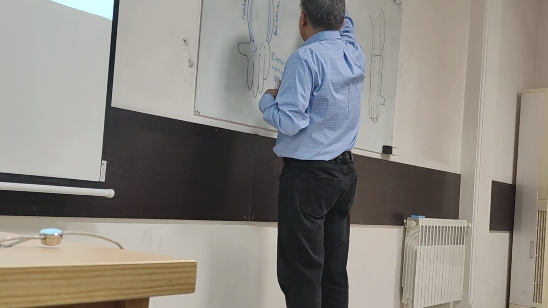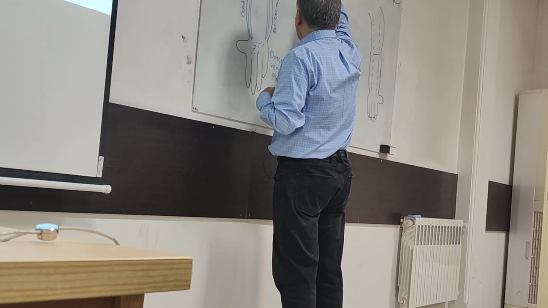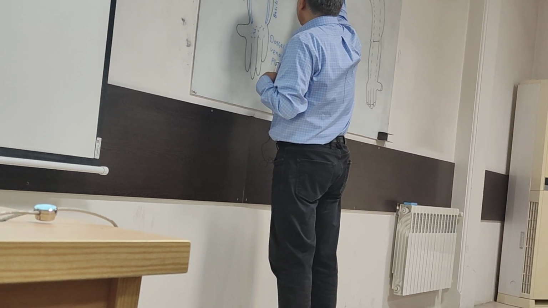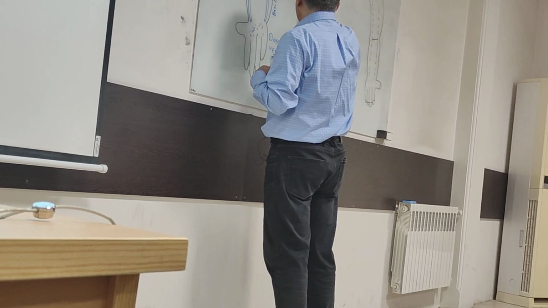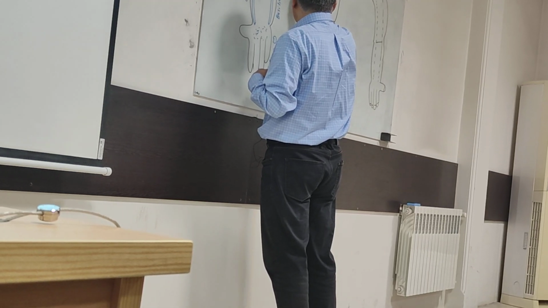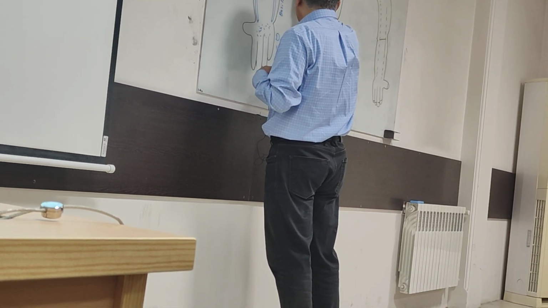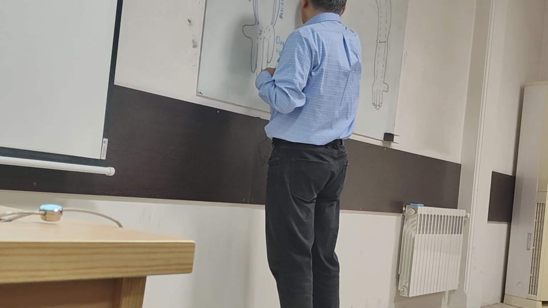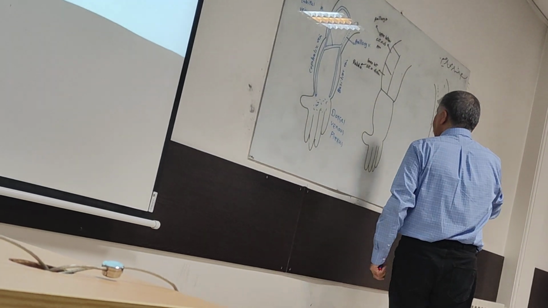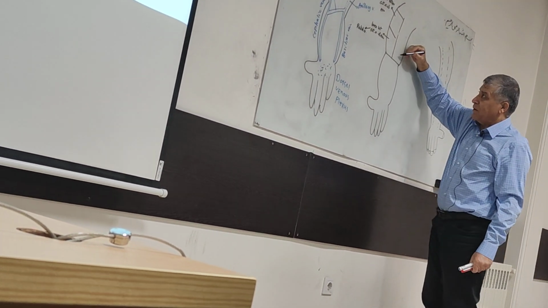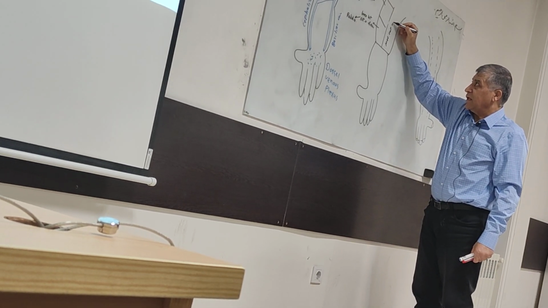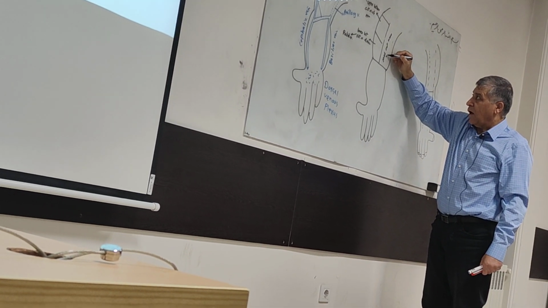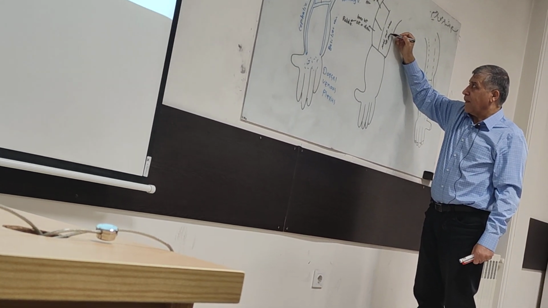Upper lateral is a branch of the axillary nerve. Lower lateral is a branch of the radial nerve. The medial side is innervated by the medial cutaneous nerve of arm.